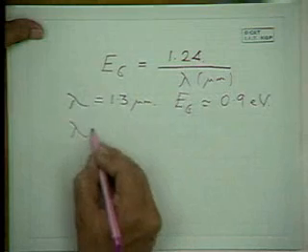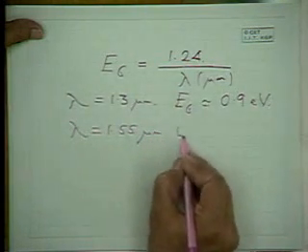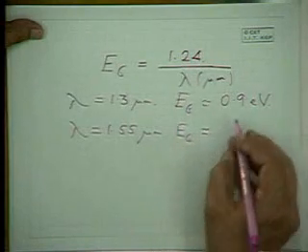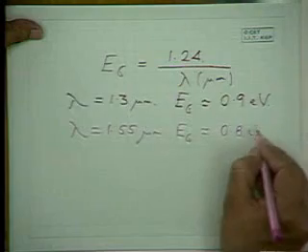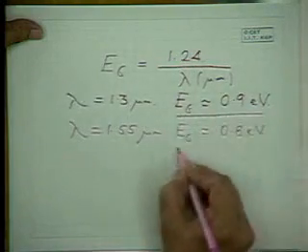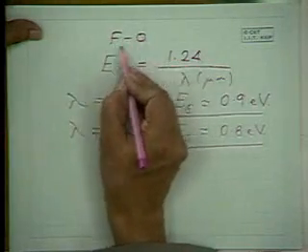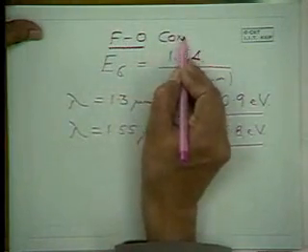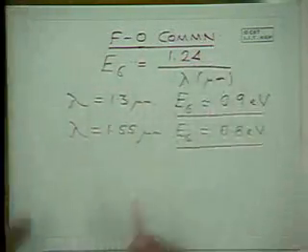If you put lambda is 1.55 microns, Eg is about 0.8 eV. So for fiber optic communication, we want semiconductors which will have band gaps of this region.